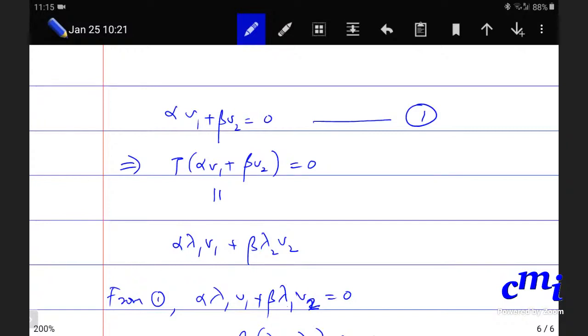But as I said, we will do the general case, not this lecture, but maybe on Thursday, once we start discussing diagonalization.